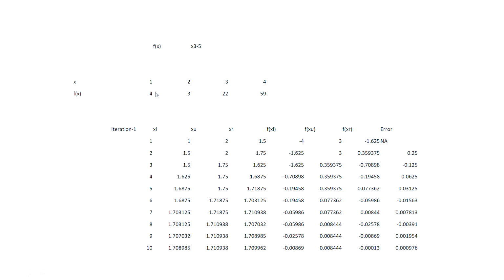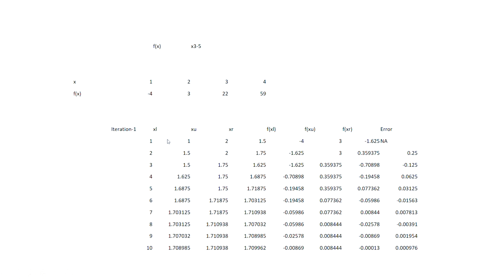At x is equal to 1 the function value is minus 4, and at x is equal to 2 the function value is 3. That means our root will lie within the range 1 and 2. So now we have done the bracketing part.